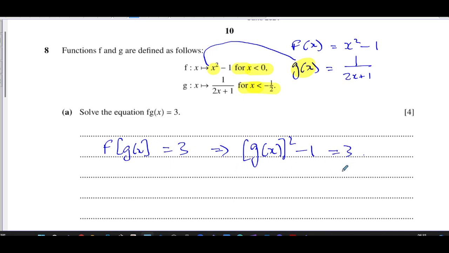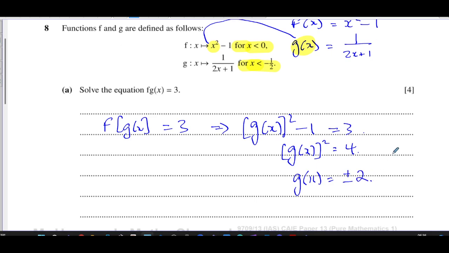So now I'm going to find what g of x is from this. So I add 1 to both sides, so I have g of x all squared equals 3 plus 1, which is 4, and then I take the square root of both sides, so I've got g of x is plus or minus 2. All right, now, what we should understand here is that for f of g of x, the input of f of x is g of x.